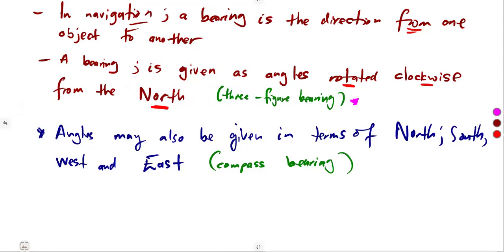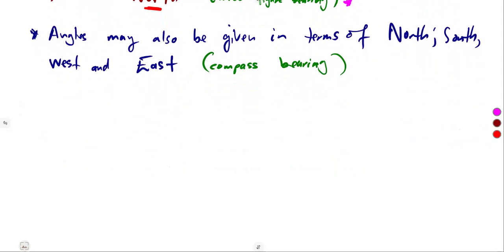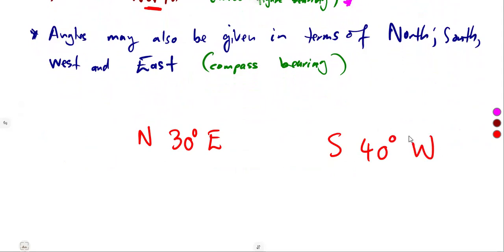But on the compass bearing, where we are just given the poles, you follow the way it is given: north 30 degrees going to the east, or south 40 degrees going to the west. The rotation is taken in between the poles, from south to the west, from north to the east.